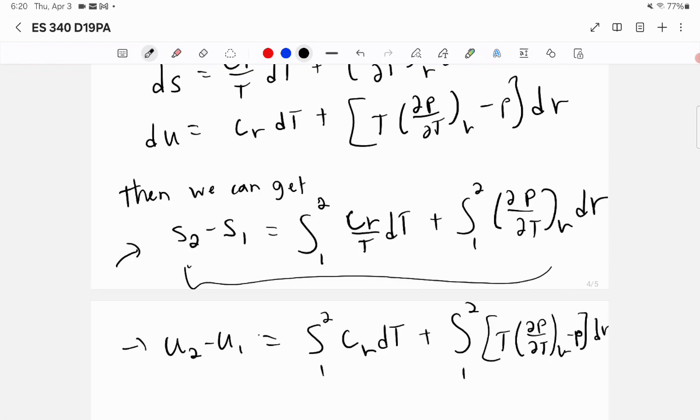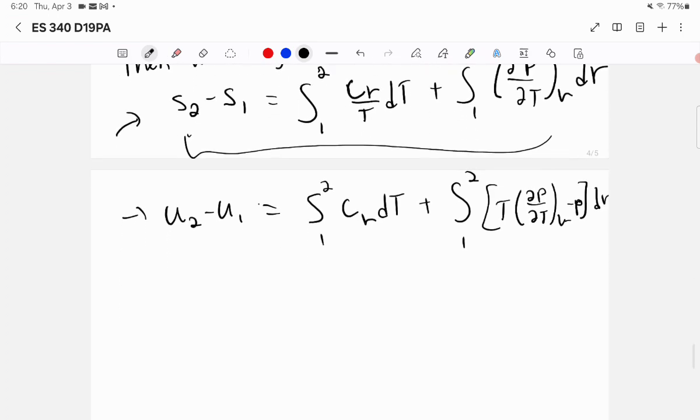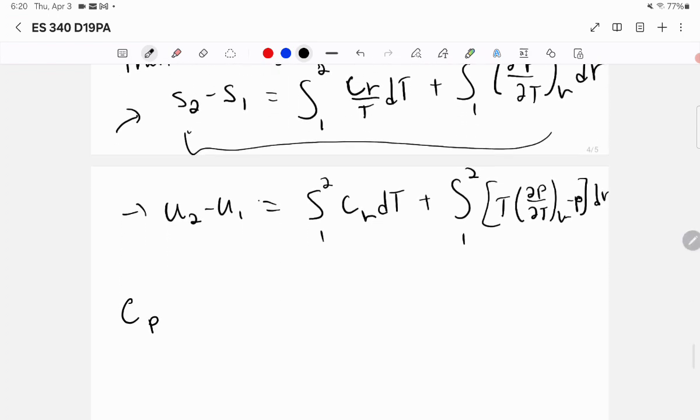I'm not going to derive everything, but we can also remember that Cp is equal to dH/dT holding P constant.